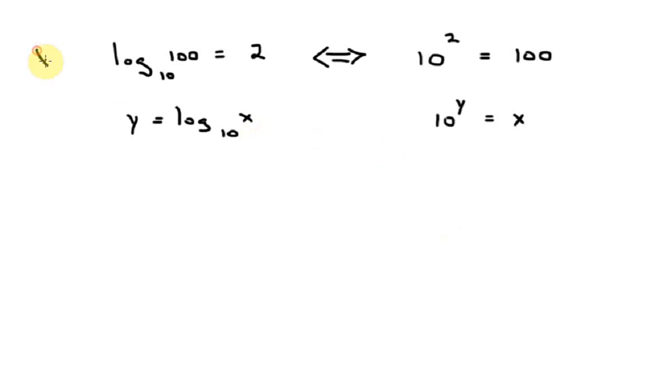I really think, and I'm going to put a star next to it, you should memorize this, because it's easy to remember: log of 100, base 10, equals 2 is the same as saying 10 squared equals 100. It guides you from one form to the other. And remember, they're saying the same thing. It's just a new way of writing it.